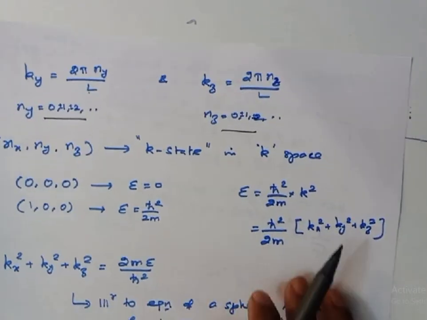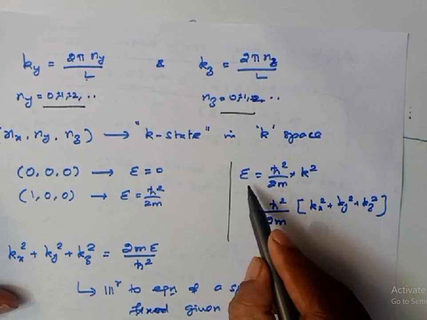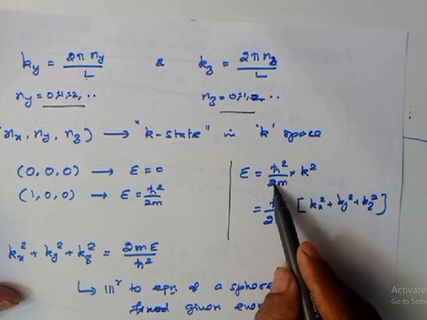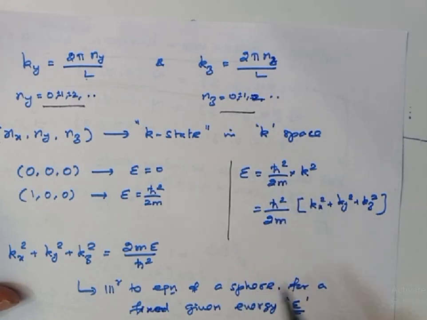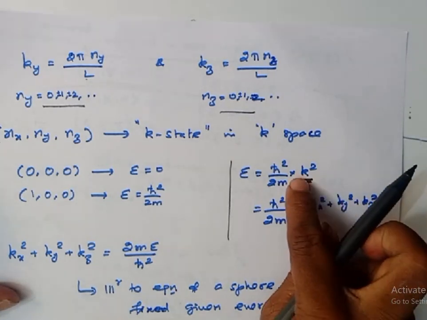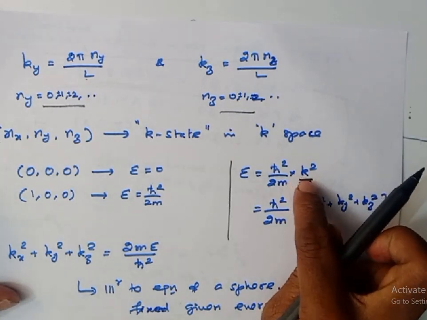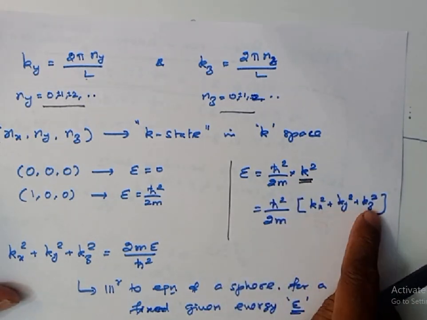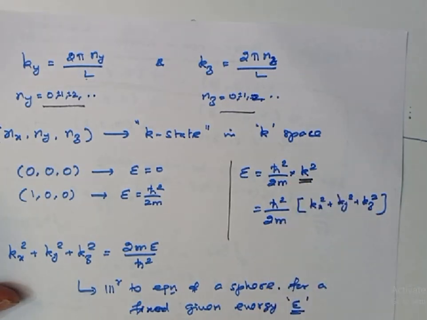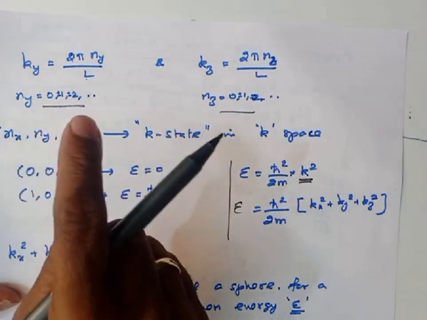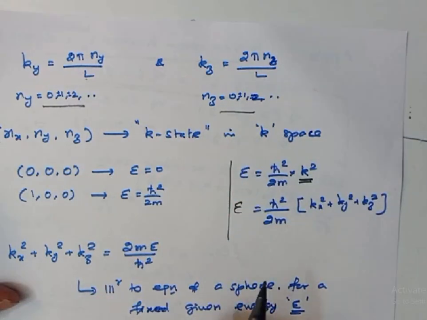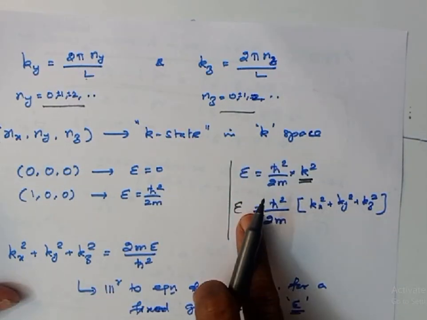If you do a derivation, we'll get E is equal to h bar square by 2m into k square. What is k here? This is the net k value. The net k is made up of 3 components, so kx square plus ky square plus kz square. The sum will give you k square, and this is the expression for energy. Clear? So depending upon the value of nx, ny, nz, you will get specific values of kx, ky and kz. By applying the kx, ky, kz values, you can calculate energy.